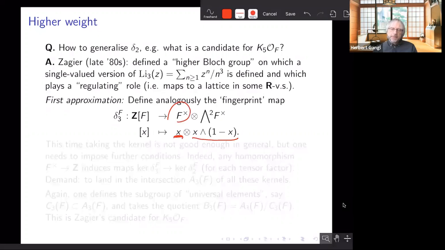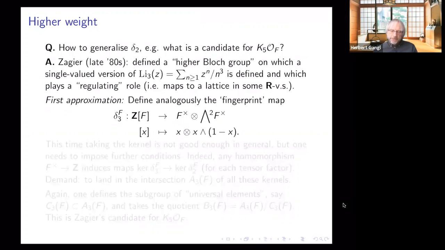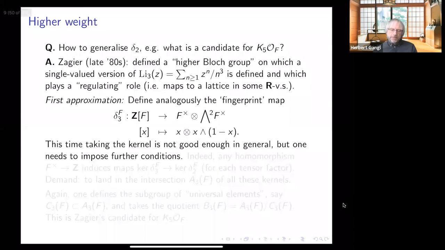And this time the kernel is not good enough for what one wants to define. The case of F totally real was still okay, and that's where Zagier originally found examples which seemed to work, but then they didn't work in other cases. So he needed to impose further conditions.